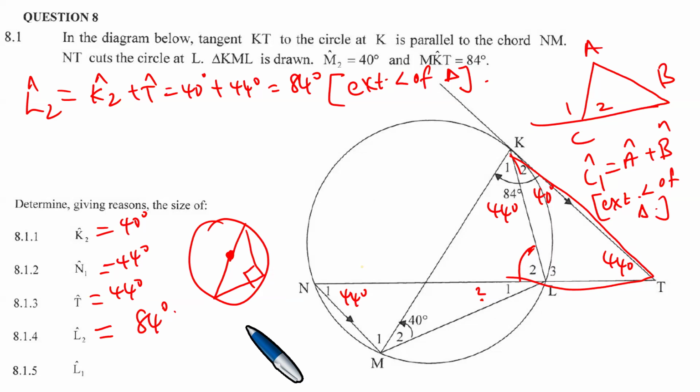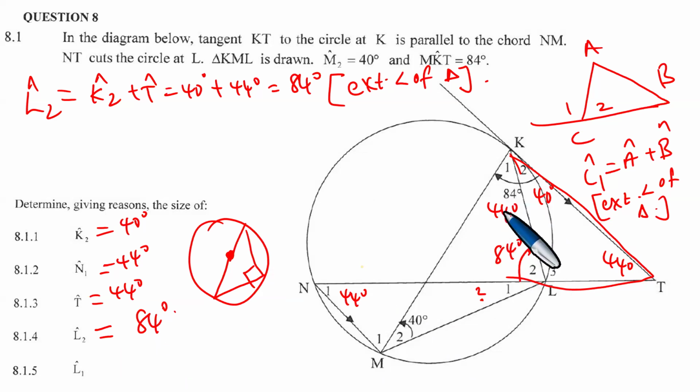Okay, I hear you, you're on point. But now we can deal with the rest of this. We already know this one is 40, this one is 44, this one is 84. L2 is 84.